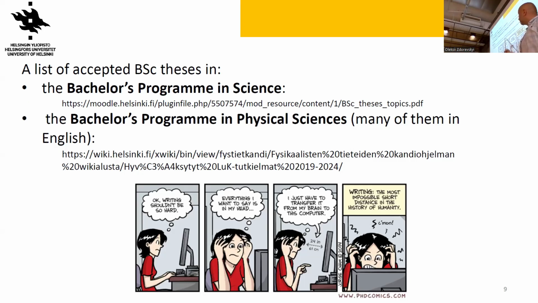These are topics listed from the bachelor's program in physical science. Some of them are also in Finnish because this is a Finnish-speaking program, but many theses there are actually written in English, so the topics are given in English as well. So you can get a hint of what a bachelor thesis topic looks like.